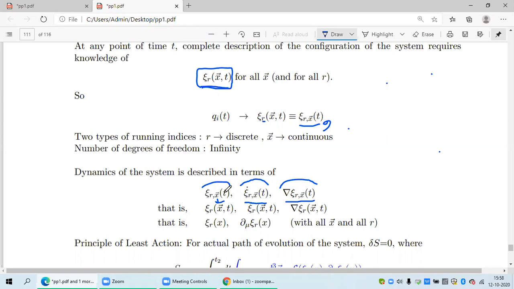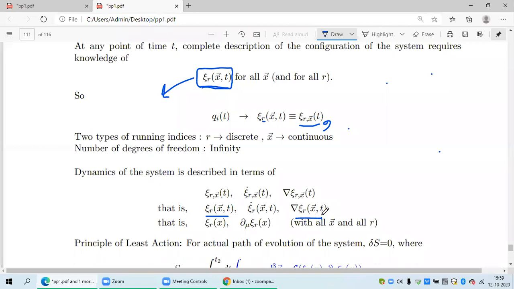The dynamics of the system is inherent not only in the form of the field, but also in the time derivative of the field and also in the spatial derivative of the field, because space is a continuous parameter.